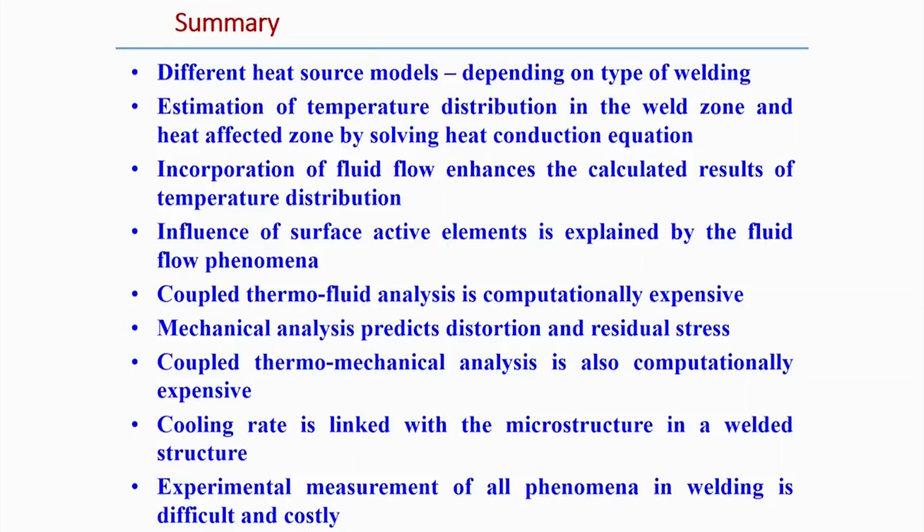So, in that sense, correct representation of the heat source is important in welding simulation. That representation of the heat source depends on two points: one is the geometric shape of the heat source, and the second is the distribution. Based on that, different types of heat source models have been developed to represent different welding processes.